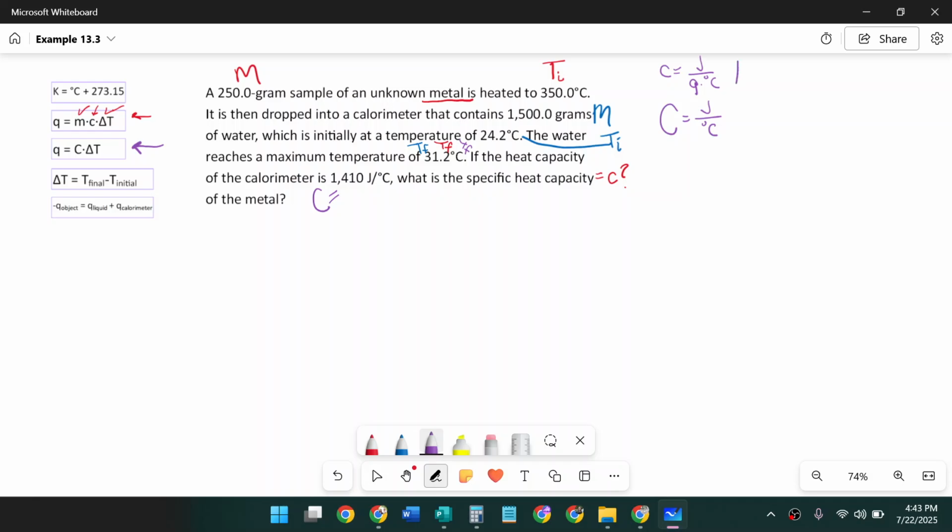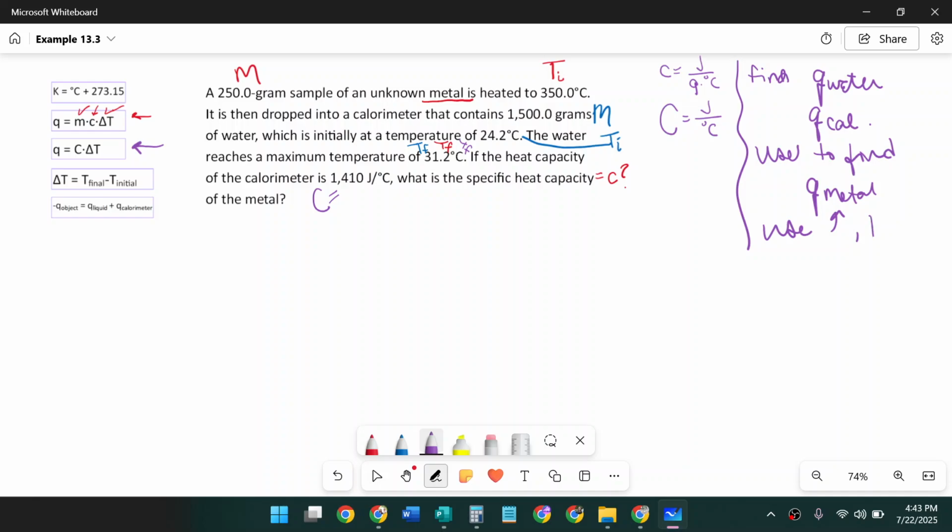In case having a plan helps you, we're going to find the Q of the water and the Q of the calorimeter, I'm not writing that whole name, and then use those to find Q of the metal thing. And then we're going to use that to find the specific heat capacity for the thing.